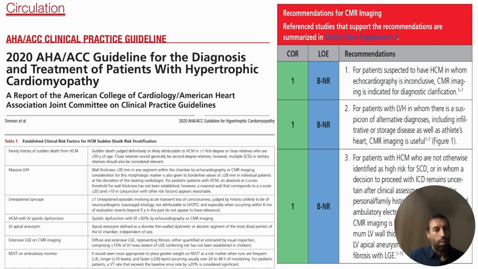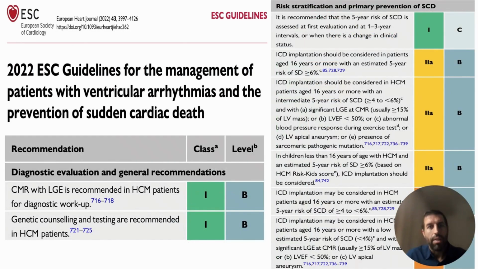We discussed previously the increased role of CMR in prognostic terms, and in particular with the use of the extensive and diffuse LGE. Undoubtedly, the role of CMR in hypertrophic cardiomyopathy is recognized as well in Europe, and now has a strong indication 1B for diagnostic workup in all patients with hypertrophic cardiomyopathy.